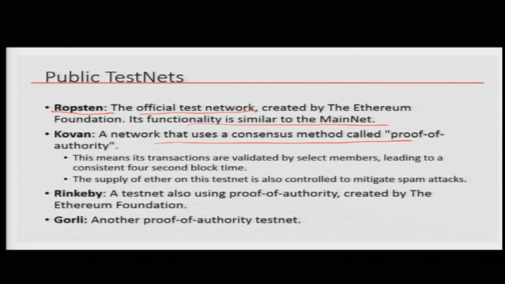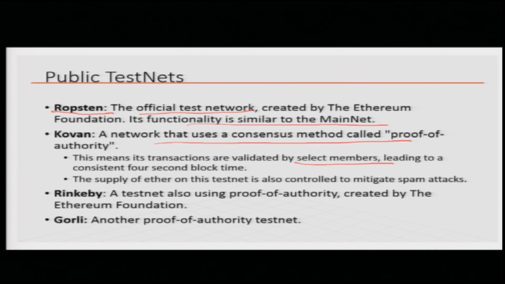These select members have some identity, unlike the regular users who can create a private key and public key and use the public key hash for their wallet address, and then use the private key to do signatures and all that stuff. But the select members will have to provide a very significant amount of proof of their identity, and therefore transaction validation is faster, because these are people you know.